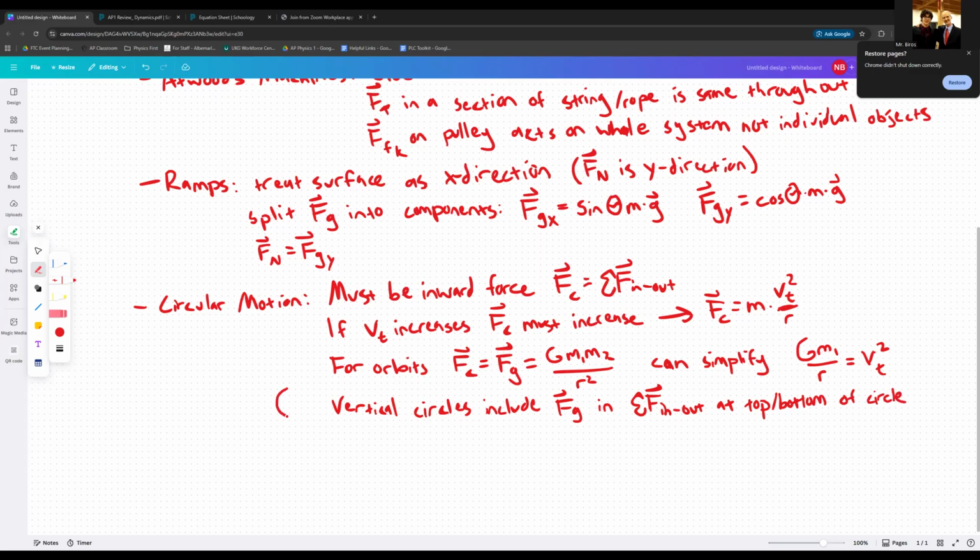If you're looking from the side and something goes around and around in a vertical circle, right here and right here, you've got gravity acting inwards at the top or gravity acting outwards at the bottom.